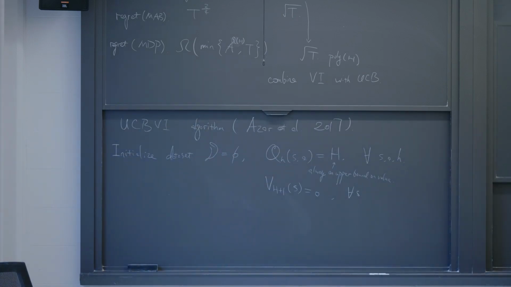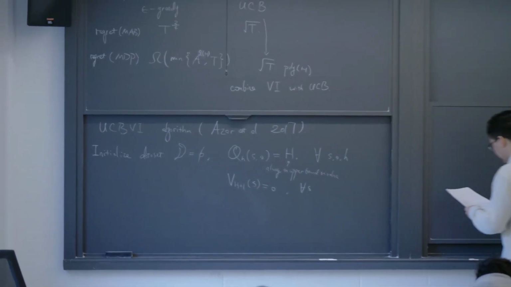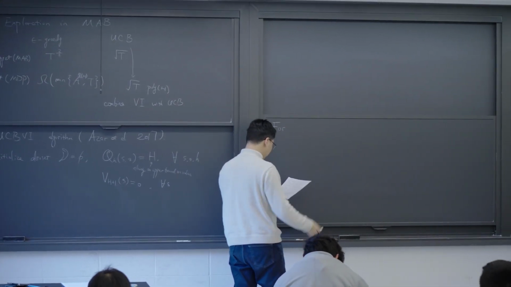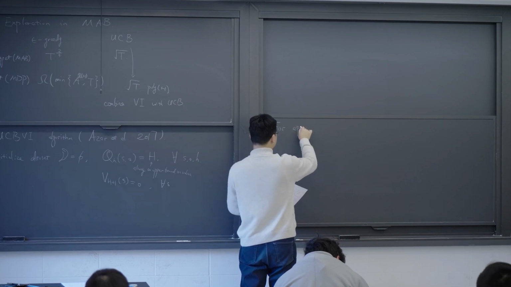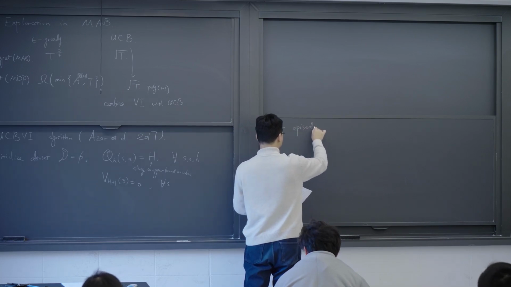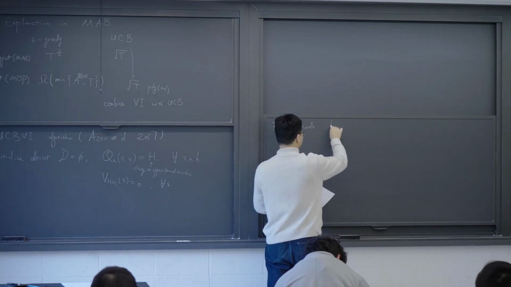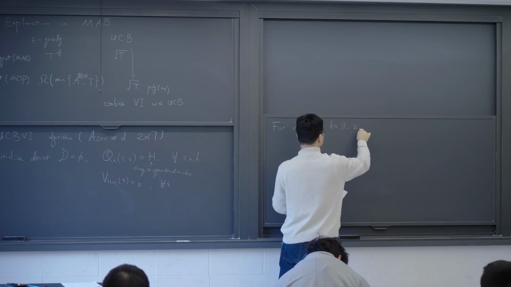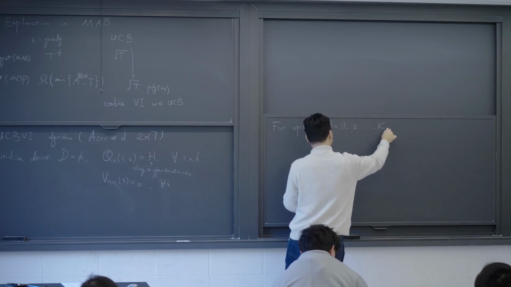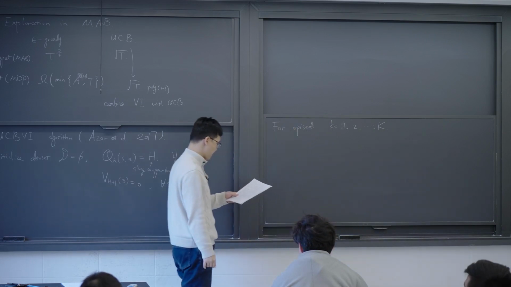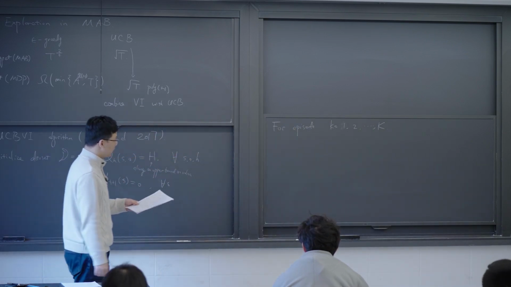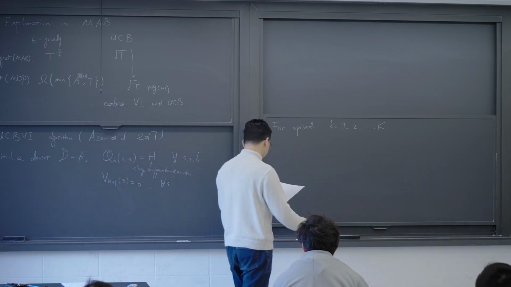So the main algorithm consists of the following two parts. Again, in the exploration setting, we say for episodes k from 1 to capital K. In each episode, we're doing two major steps.